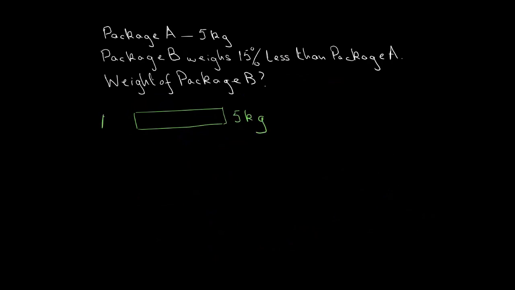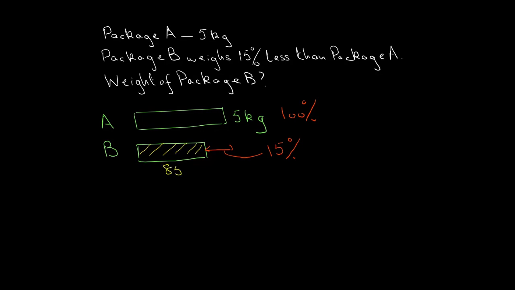And here's package B, and package B is going to be 15% less as compared to package A. So package A will be considered 100%, and the gap between the two would be 15%. If this is 15%, then this has to be 85%. So we can directly find out the weight of package B.